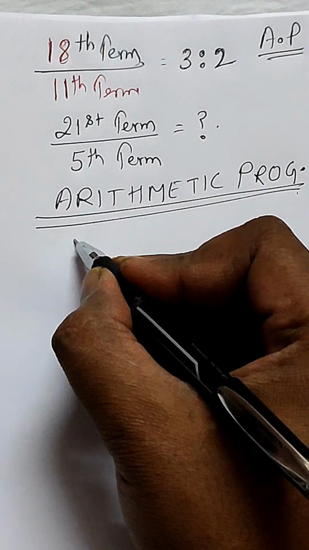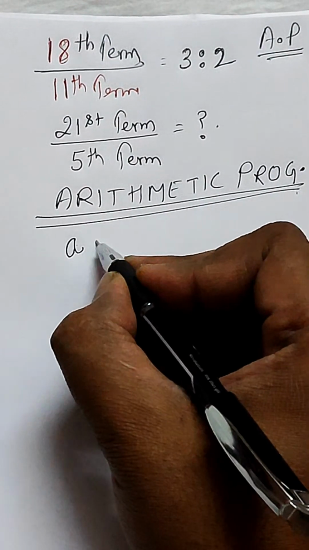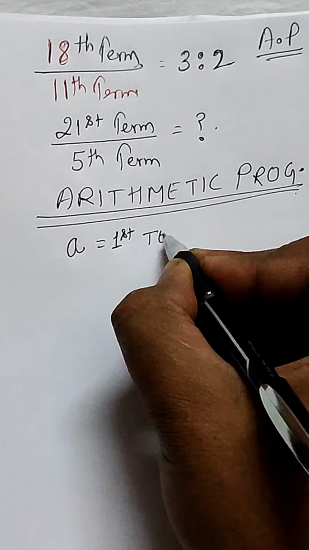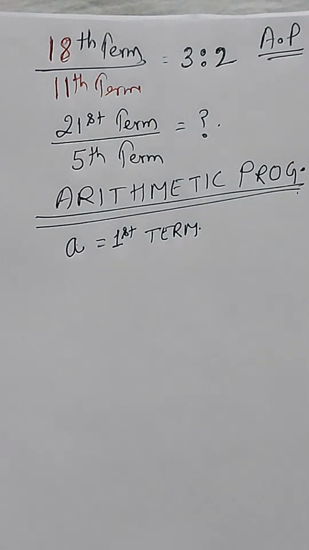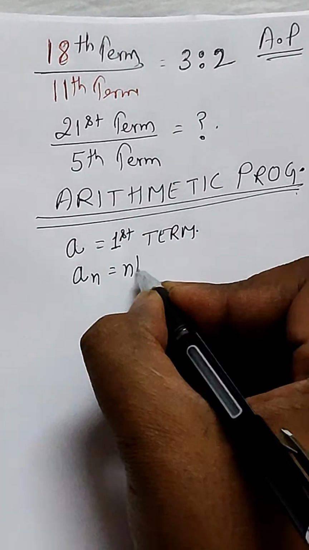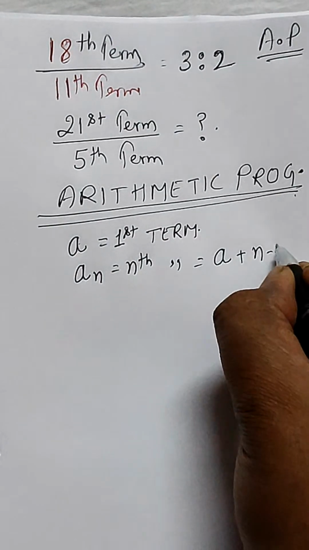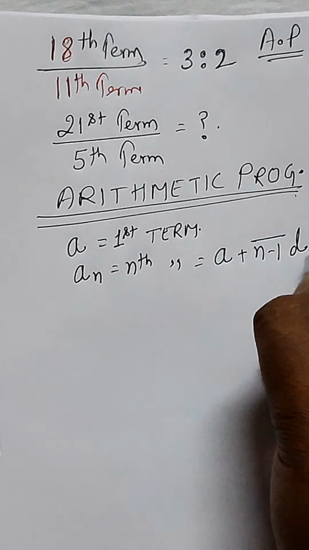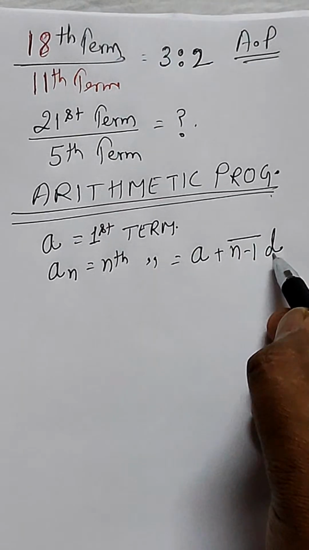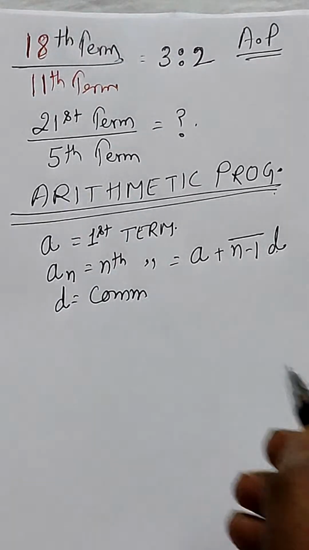Let's say an AP has a as the first term. Then the nth term of that AP, an, can be represented as a plus n minus 1 into d, right? And this d is the common difference, that means the difference between two successive terms.